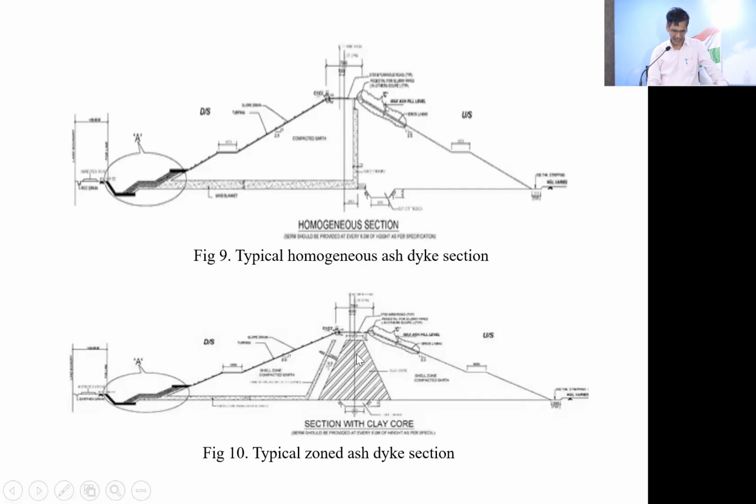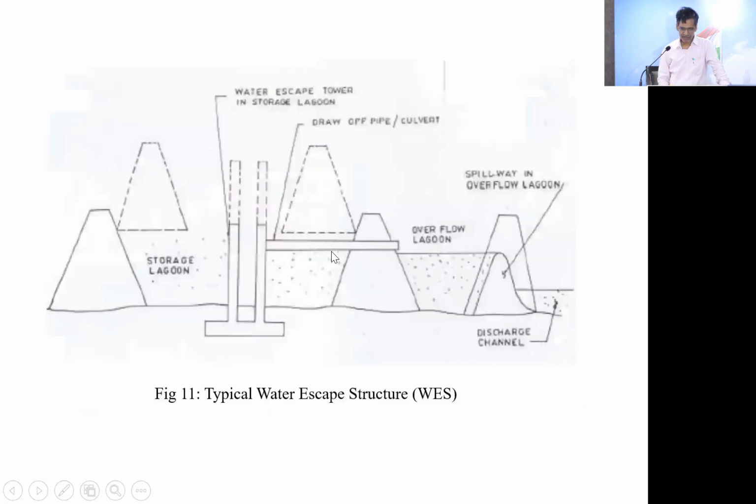also in the starter dike there might be a clay core for making it impermeable, and then they are providing the filters here. And similarly, this is somewhere where some places are putting these water escape structures that we were talking about yesterday.